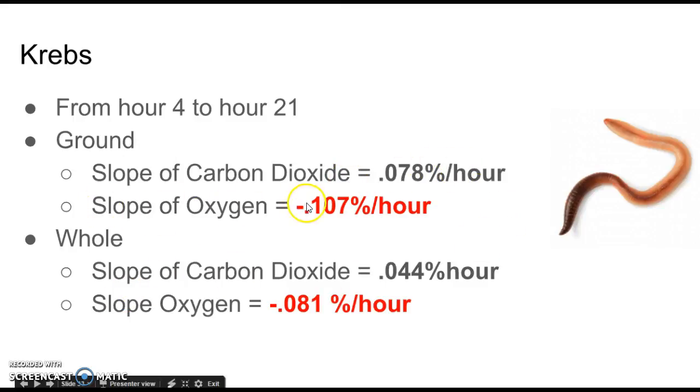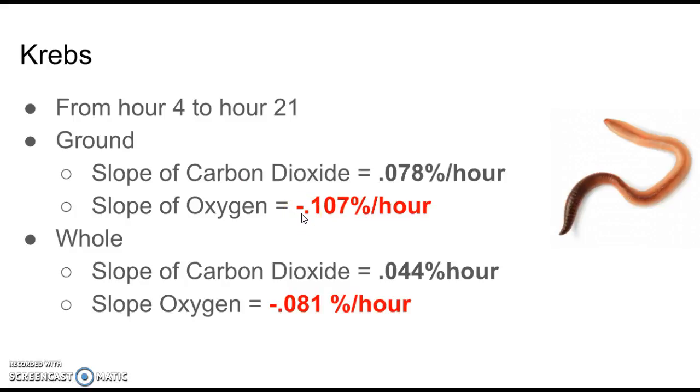The oxygen was used up at a faster rate, hence a more negative slope per hour in the ground than in the whole. That slope of oxygen was a negative 0.081% in the whole, where the slope of the oxygen was 0.1% in the ground. So these two mean that there was more carbon dioxide produced and more oxygen used.